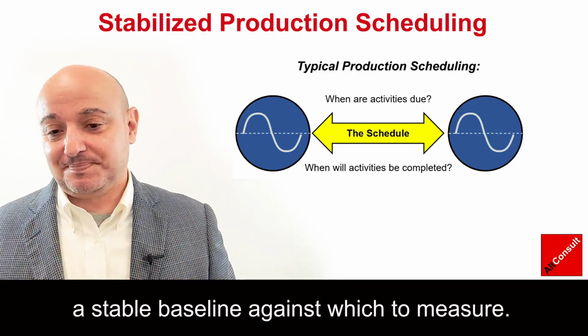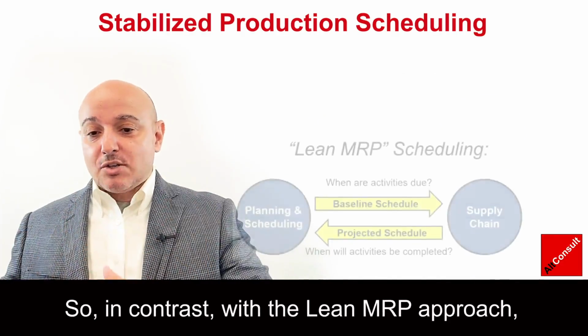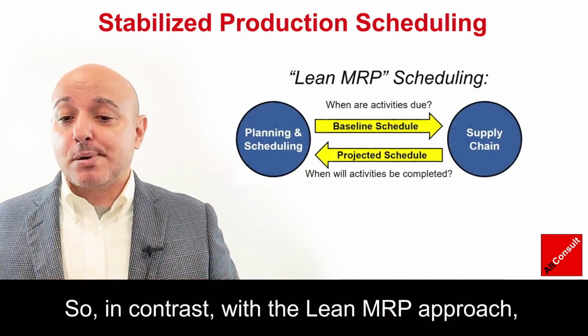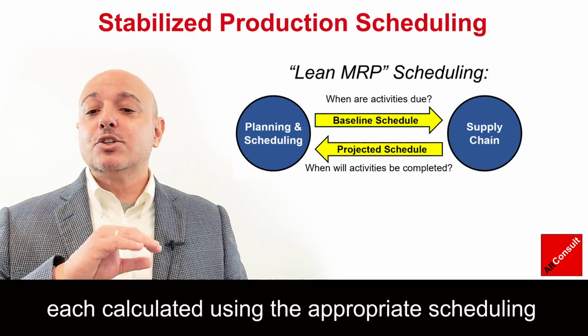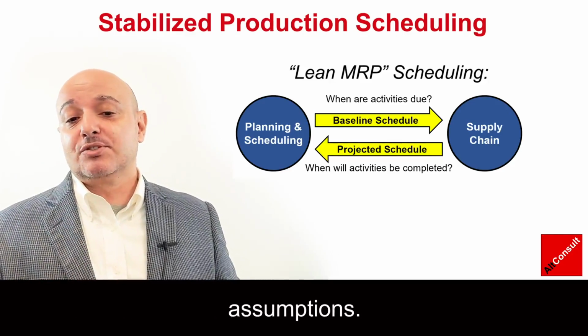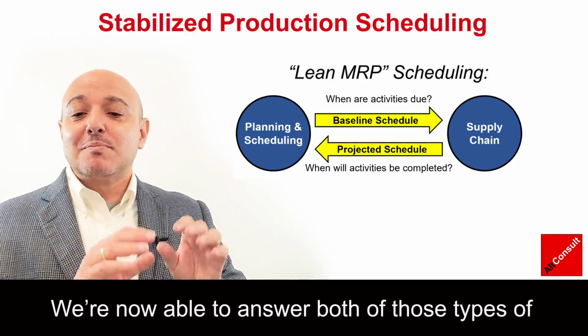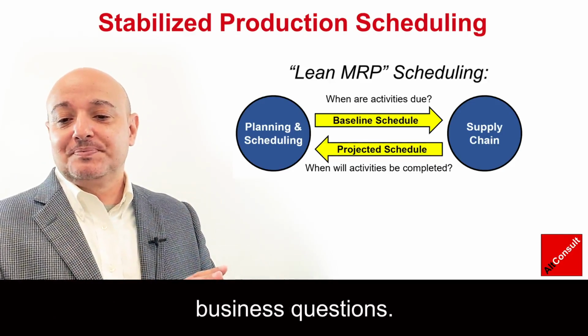So, in contrast with the lean MRP approach, we actually employ two different schedules, each calculated using the appropriate scheduling assumptions. We're now able to answer both of those types of business questions.